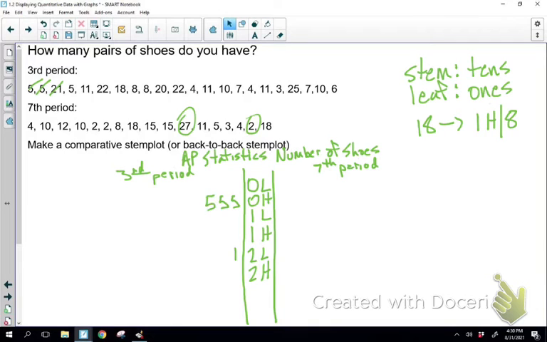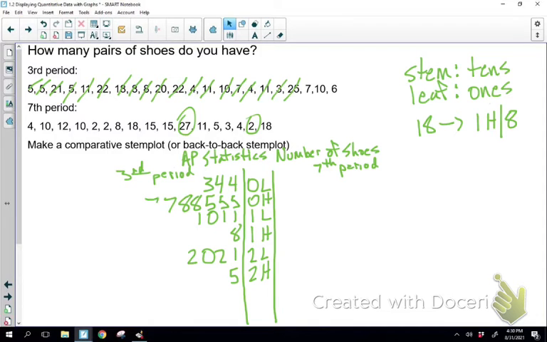We have 5 again, 11, 22, 18, 8, 8, we have a 20, another 22, a 4, an 11, 10, 7, 4, 11, 3, 25, 7, 10, and 6. So that's third period.